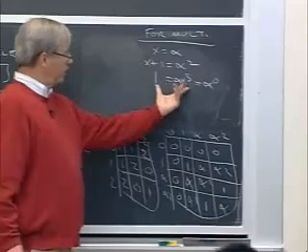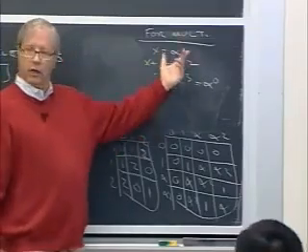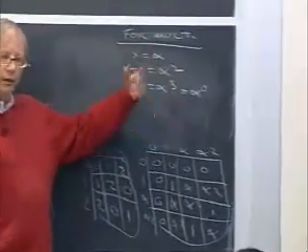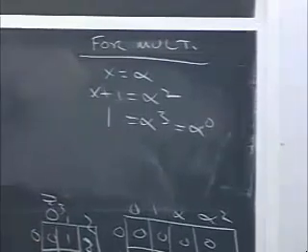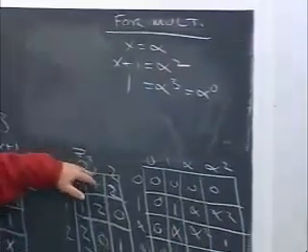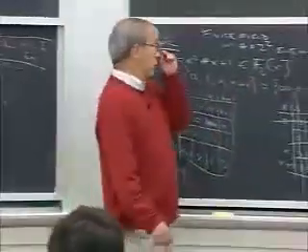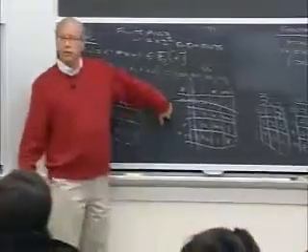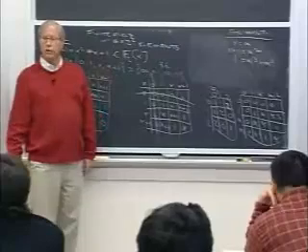Point is, because of this relationship here, I can always reduce the exponents modulo 3. I basically got a little multiplicative cyclic group of order 3 that is, of course, isomorphic to the additive group Z3. So there are two ways I can do multiplication. One is I can do it by this mod g of x way.